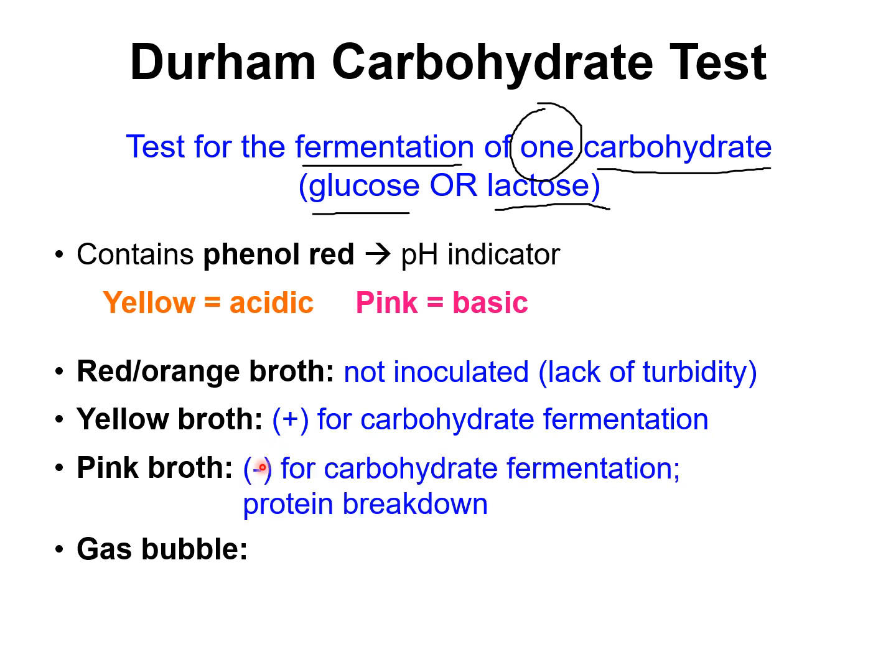Now, if it kind of turns into that pinkish color, then that would mean it's negative for carbohydrate fermentation, meaning that your bacteria is not capable of fermenting the sugar.